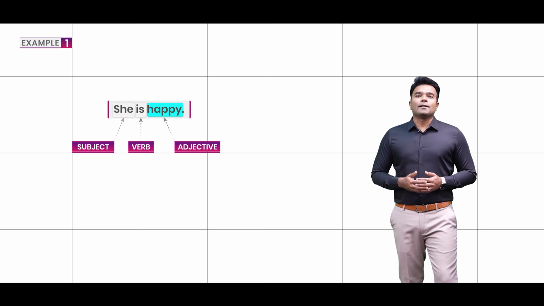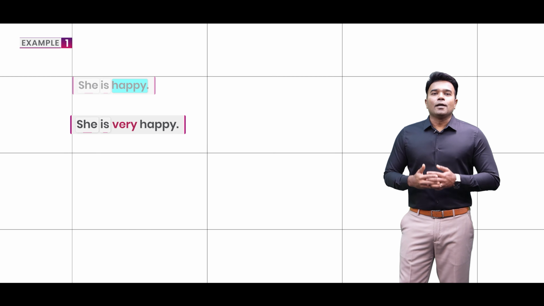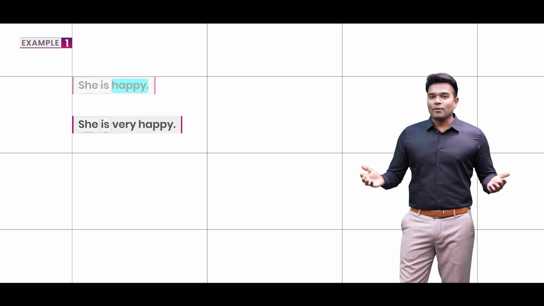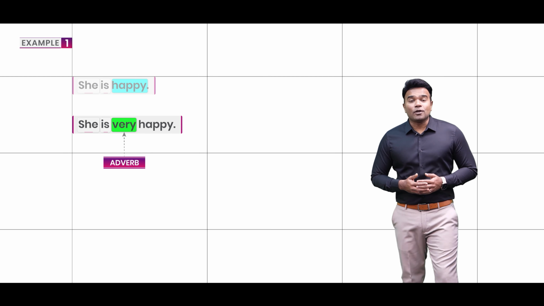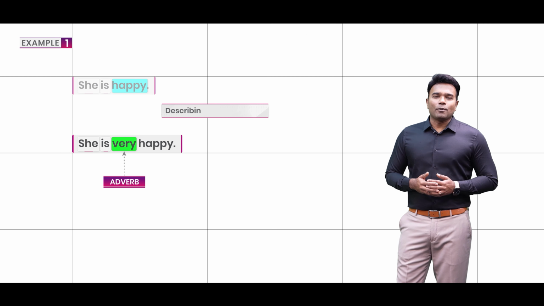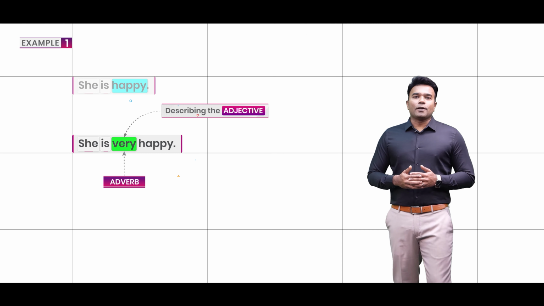But then I can also write the sentence like this: she is very happy. Well, the word very here is the adverb because it is giving us additional information about how happy the person is.